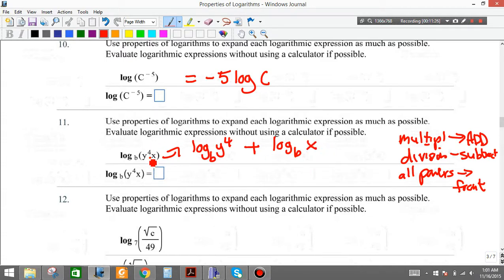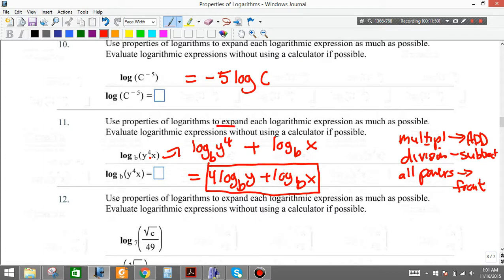So because this was multiplication, it turns into addition, and you write logs on each one. And then there's a rule that says something about powers. Here, this y to the fourth has a power. We can bring it in front. So this is equal to 4 log base b of y plus log base b of x. And that stands as the answer. And so we took one log and have expanded it as multiple log expressions. And that's the answer.